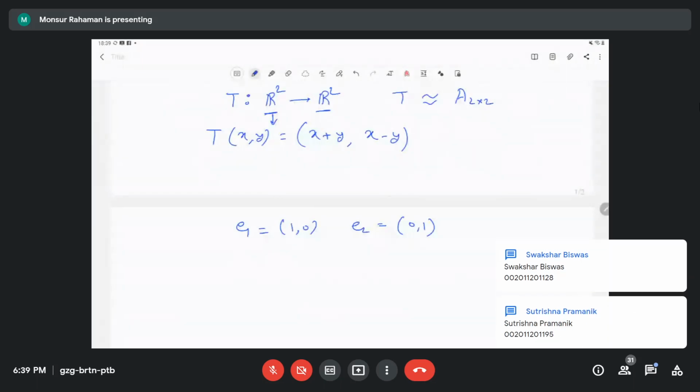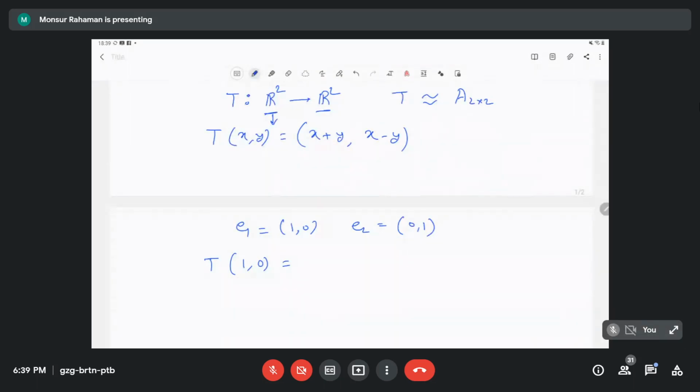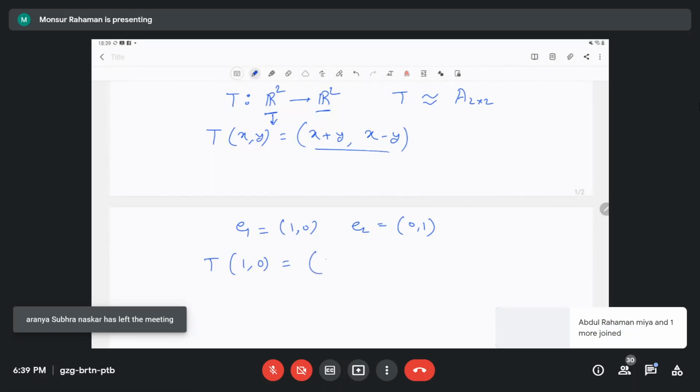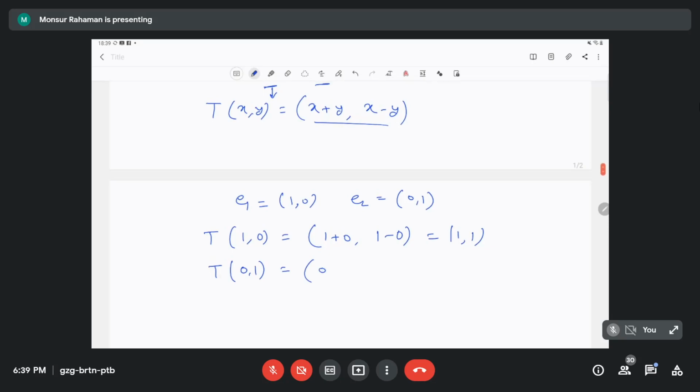Okay, so let's send this basis vector to this definition. So क्या होगा यहाँ पे 1 plus 0 and 1 minus 0, which is 1 1, and the second basis vector is 0 1, which gives 0 plus 1 and 0 minus 1, which is 1 minus 1.